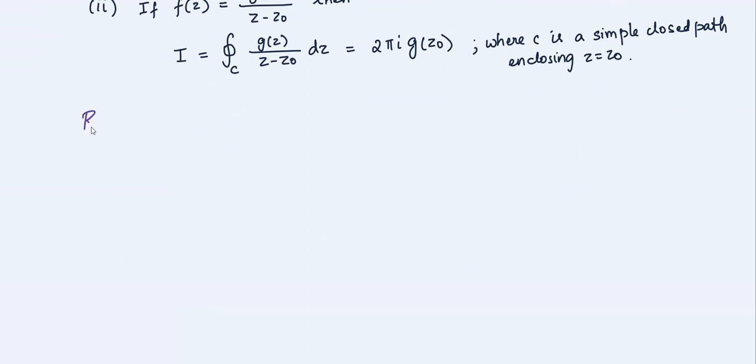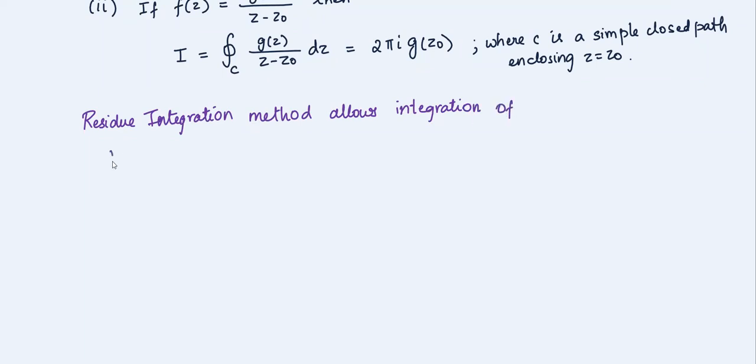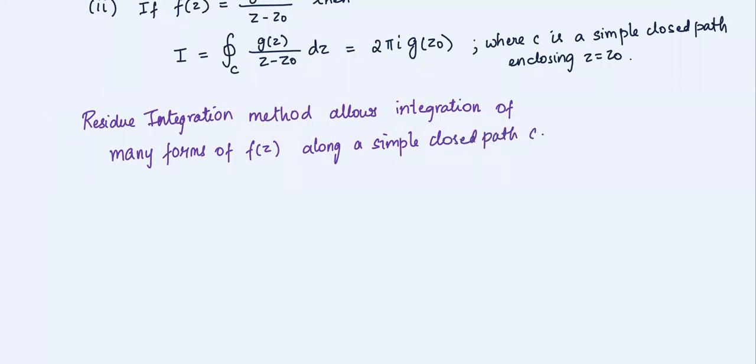So residue integration method allows integration of many forms of f of z along a simple closed path C. So now let us see how we can do that.